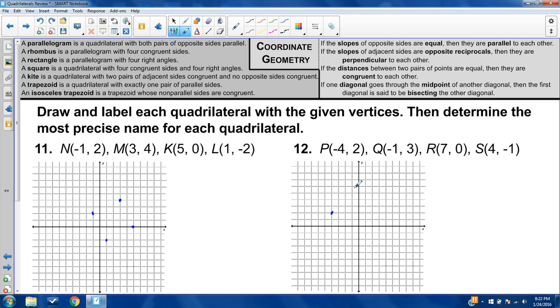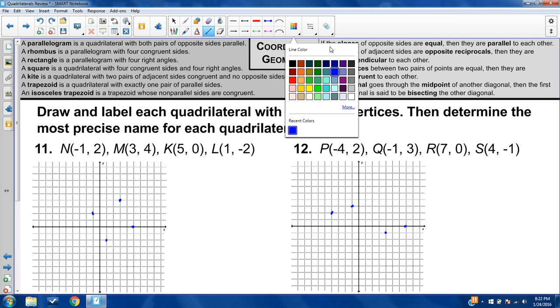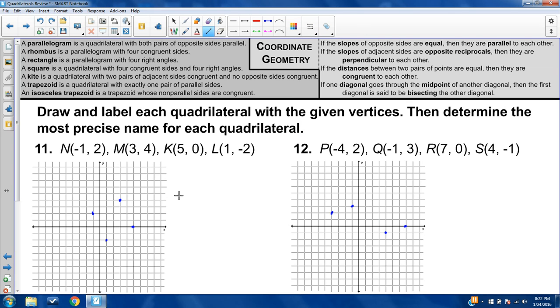To decide what kind of quadrilateral these are, we will go by the quadrilateral's different properties, and they're listed on the top left. We will determine what something is based on: are lines parallel, are sides congruent to one another, are they perpendicular to one another, etc. Looking at the top, we can decide whether something's a parallelogram just by its definition: are opposite sides parallel.